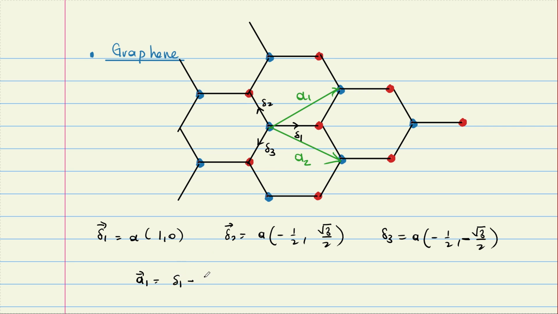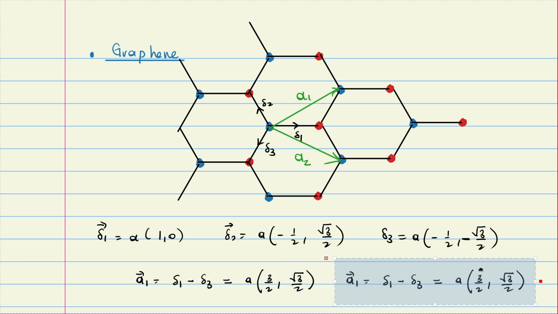And that one is equal to a times (3 over 2, root 3 over 2). And similarly, a2 is going to be delta 1 minus delta 2, and it is going to be, I think this one is plus, this one is minus.